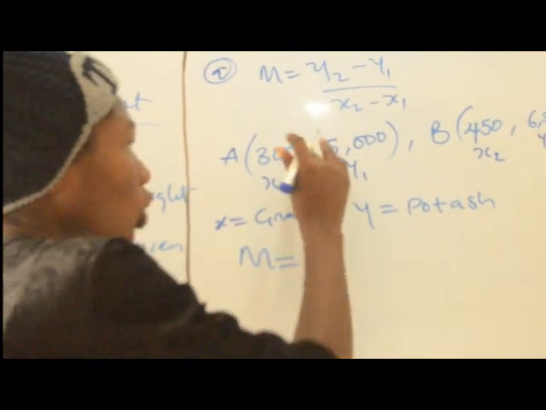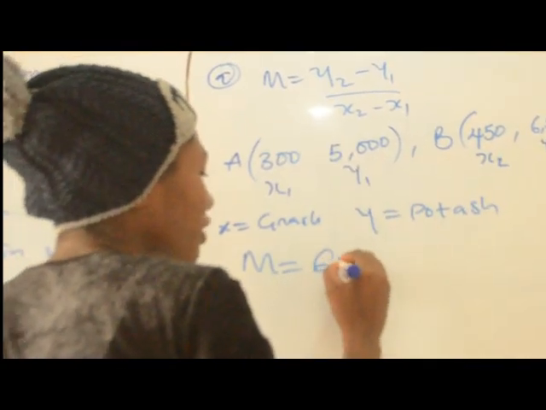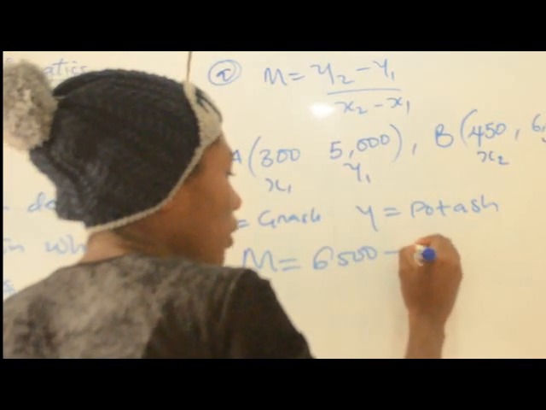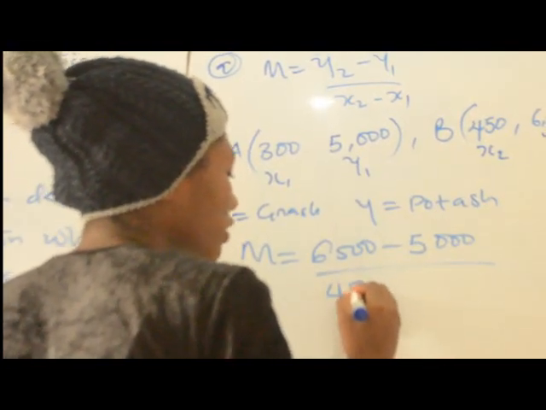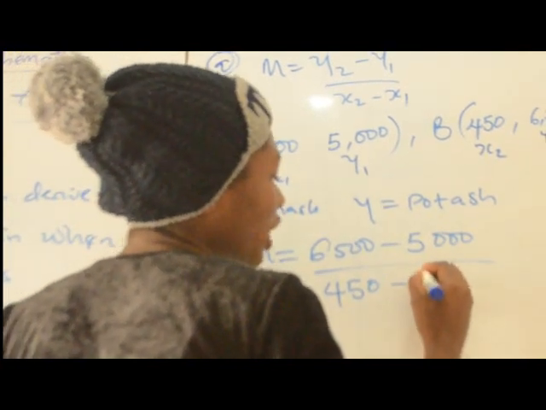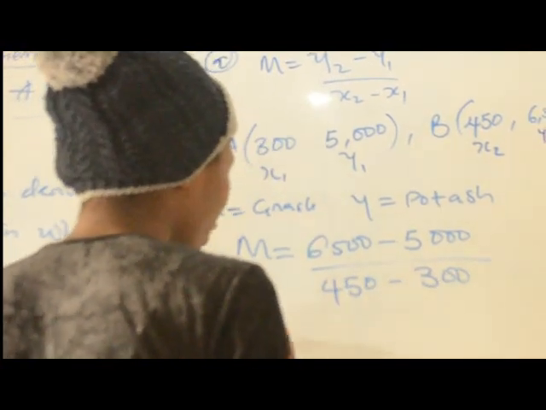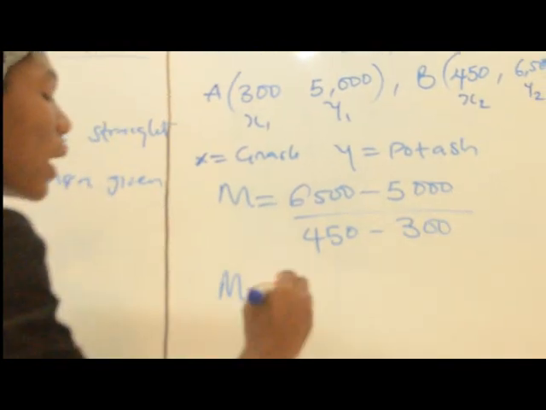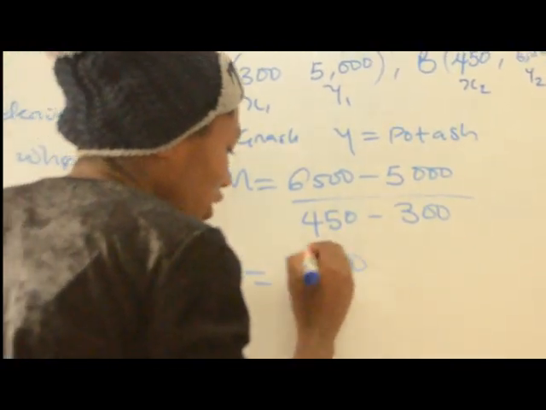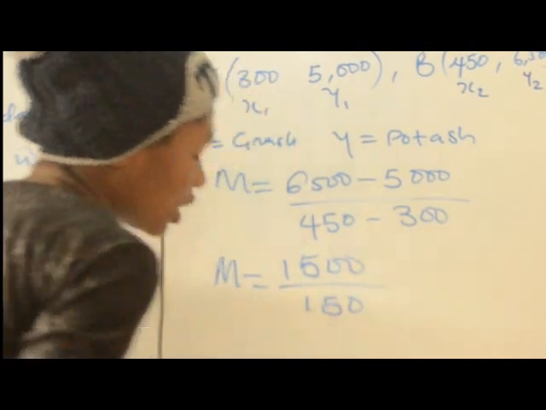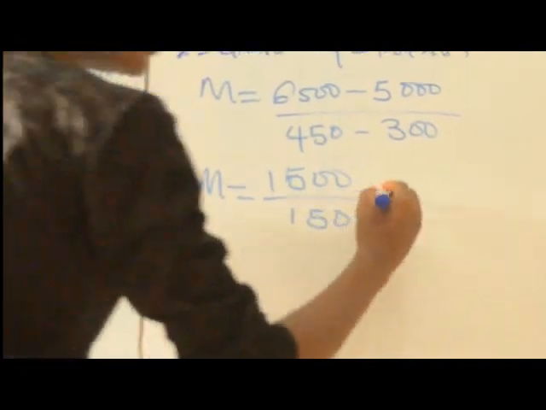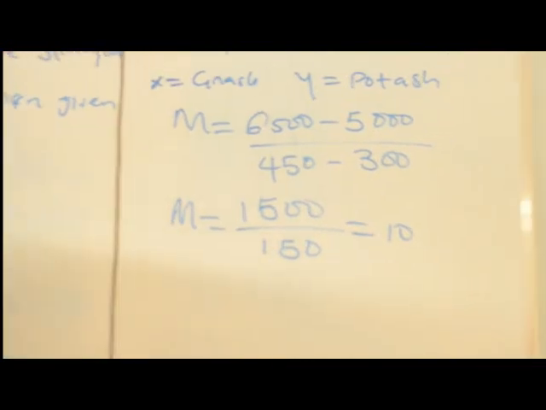M is equal to our y2, which is 6,500, minus our y1, which is 5,000, over our x2, which is 450, minus our x1, which is 300. So our gradient is equal to 1,500 over 150. When dividing, our gradient will be equal to 10.